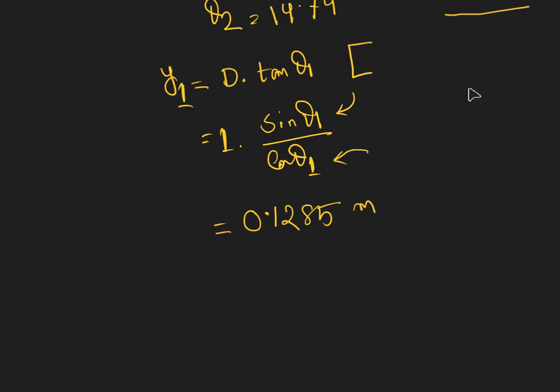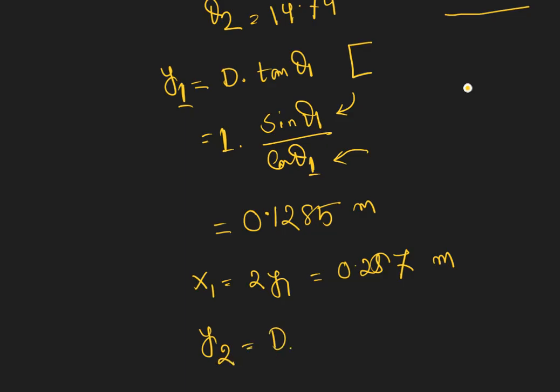So what is actually x1, as we discussed earlier? x1 is equal to 2 of y1. So we have the value of 0.257 meter.